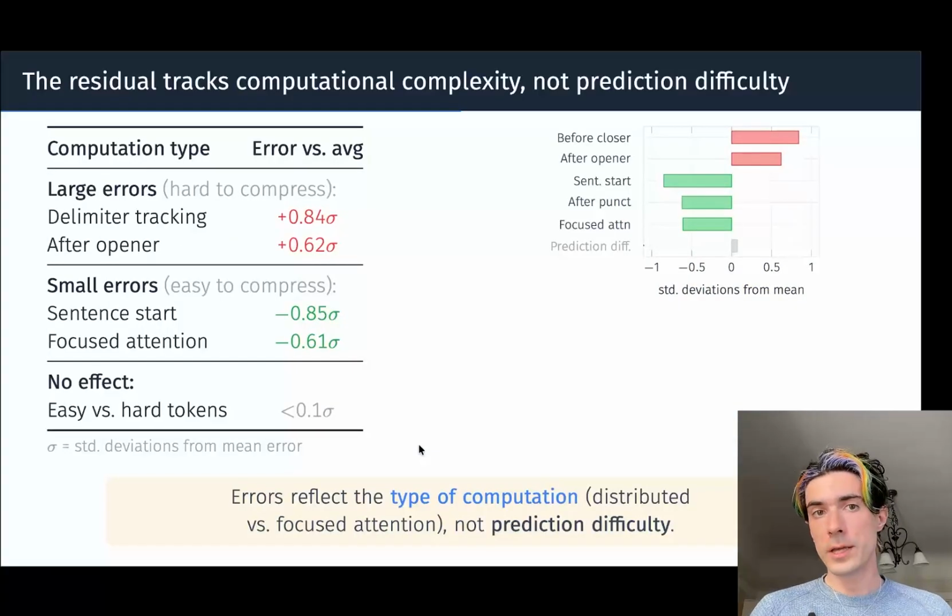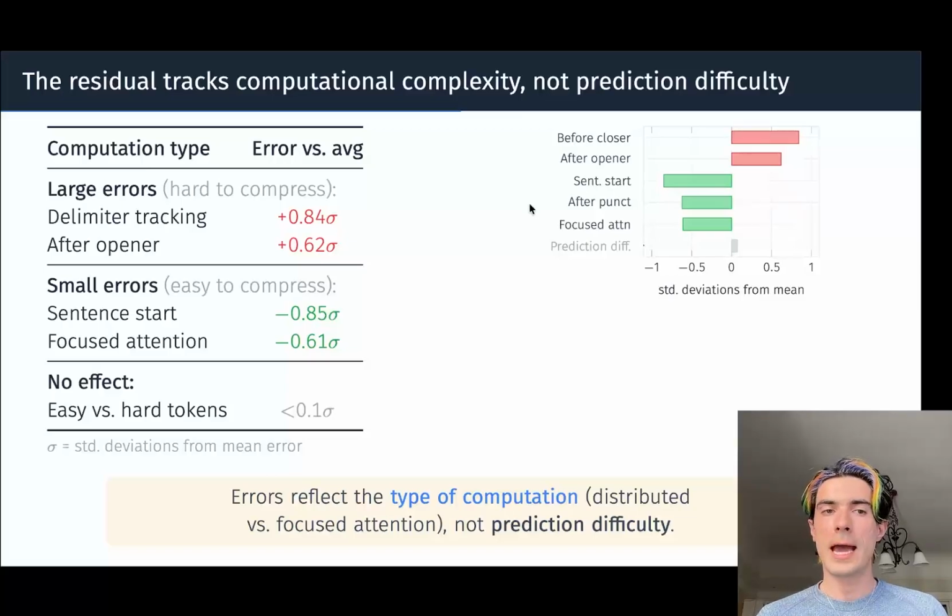And so one really interesting finding is that the residual of the forward model tracks computational complexity rather than the prediction difficulty of the main model. So what does that mean? If we look at the places where the largest errors or residuals from the forward model show up, it's in stuff like delimiter tracking after an opener, stuff that requires long context attention mechanisms, really stuff where the size of the main model is being brought to bear.